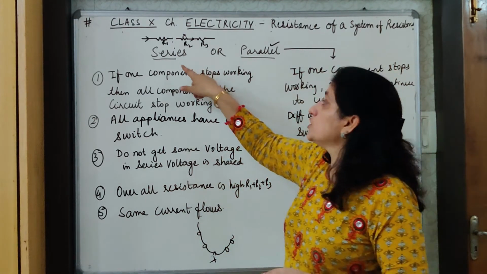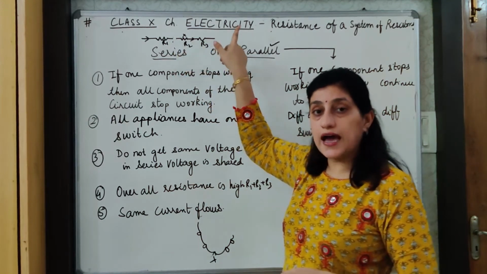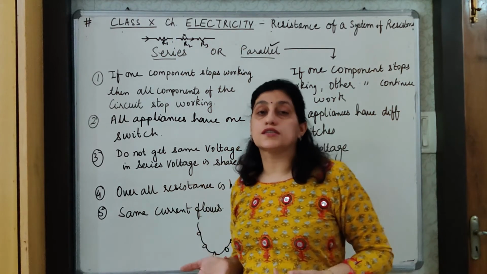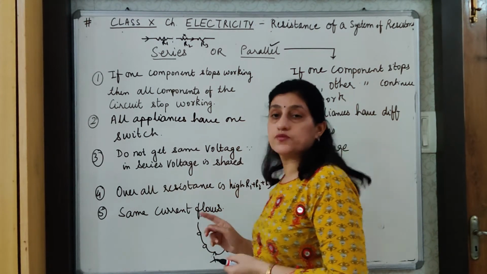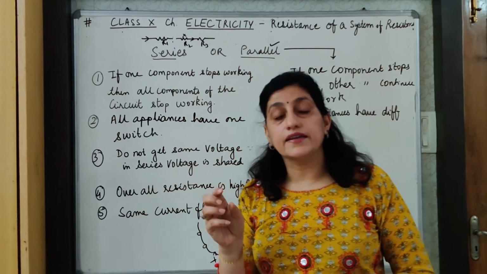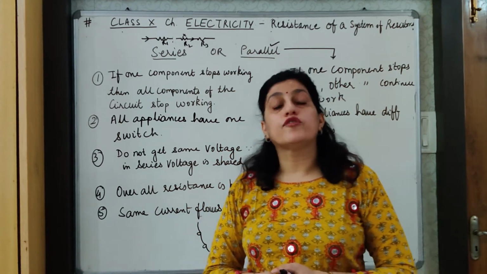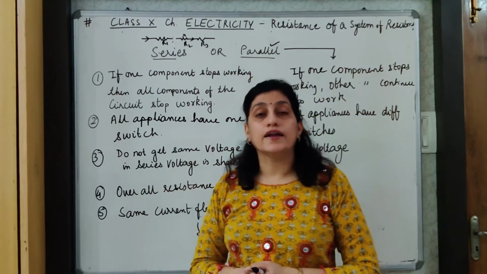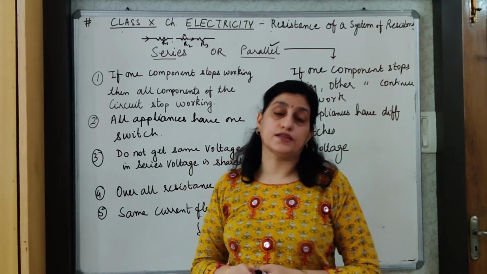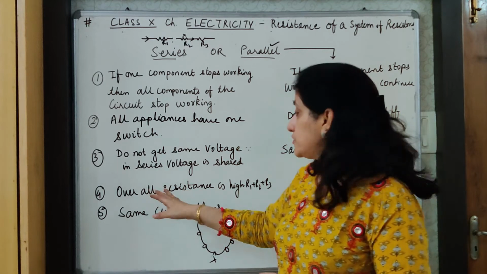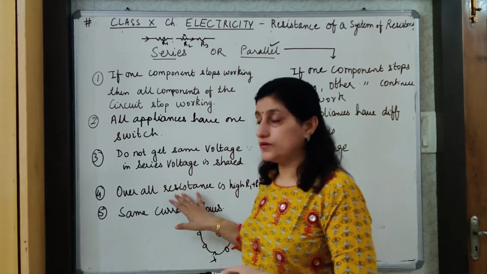Then, because we know in series the resistances add up, so the overall resistance of the series circuit is very high. If the resistance is very high, the current carrying capacity will go down, therefore lower current will flow and hence the appliances will work with lower current. And therefore their efficiency again will go down.